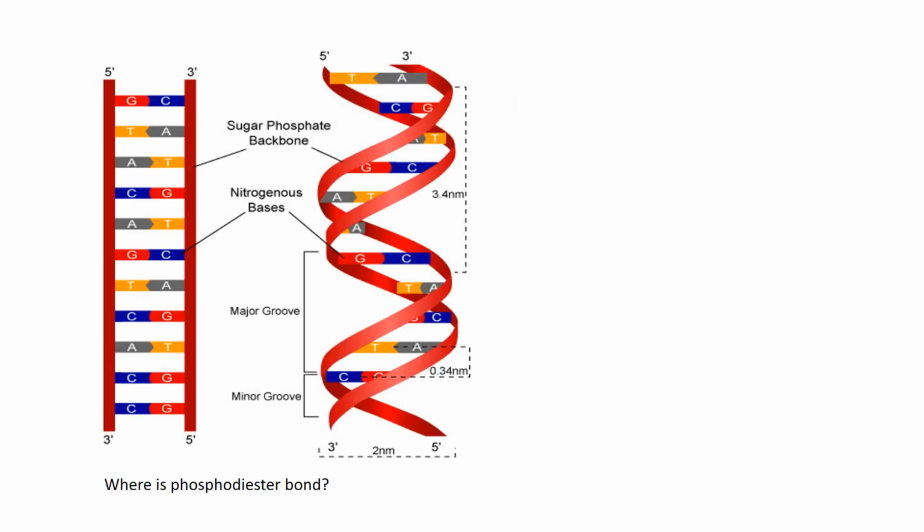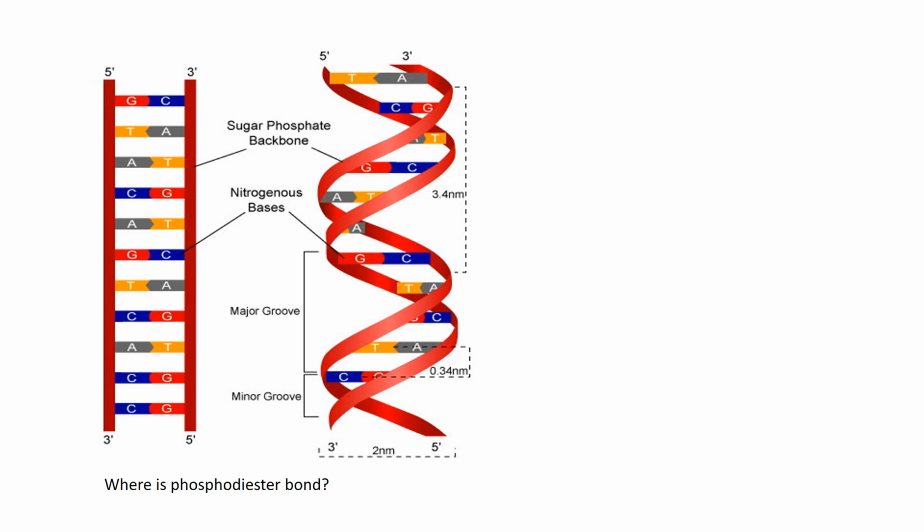Where is the phosphodiester bond? Now you see your DNA is double helical DNA. There is a 5 prime and 3 prime end in each strand, and this red portion is known as the sugar phosphate backbone. This sugar phosphate backbone contains the phosphodiester bond.